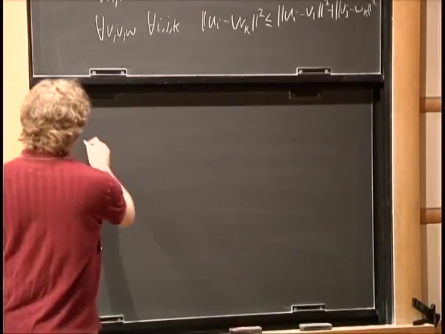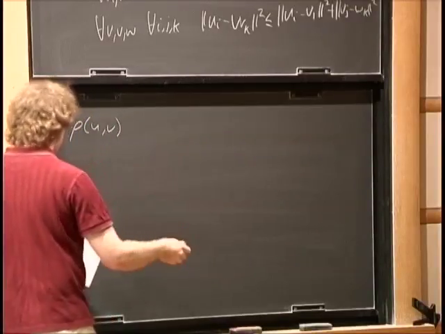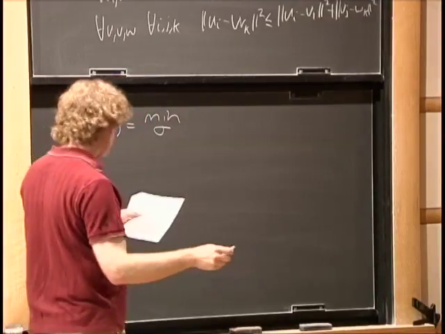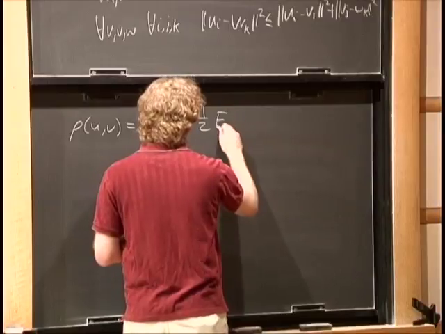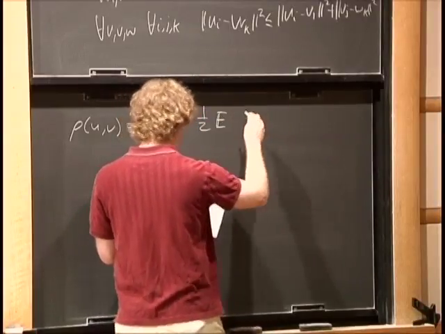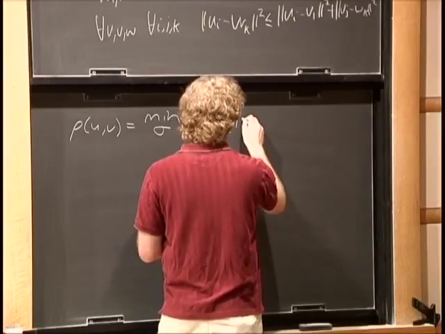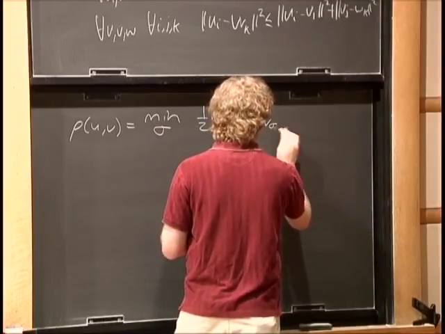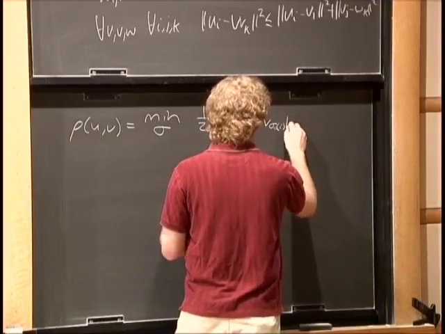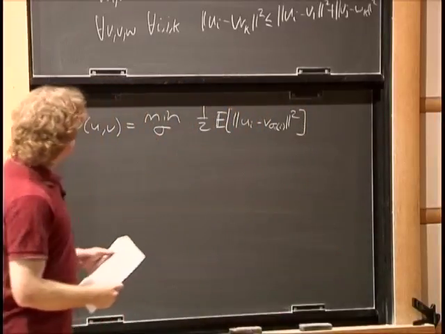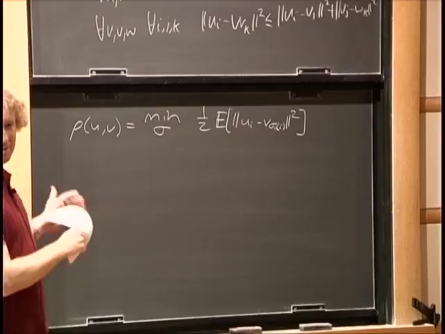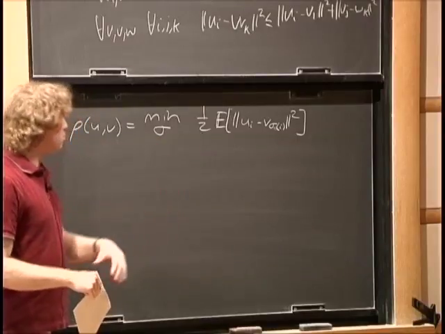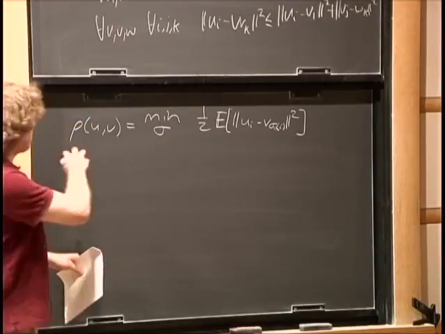They define a distance rho uv as the minimum over all permutations sigma of this, and this is essentially just the Earth mover distance, but we look at whatever permutation sigma minimizes this, and that defines this distance.